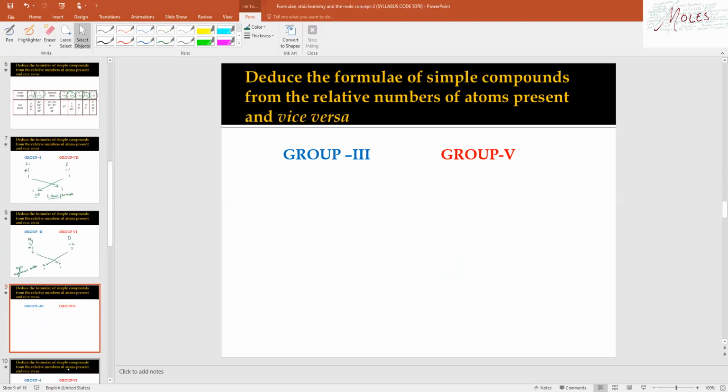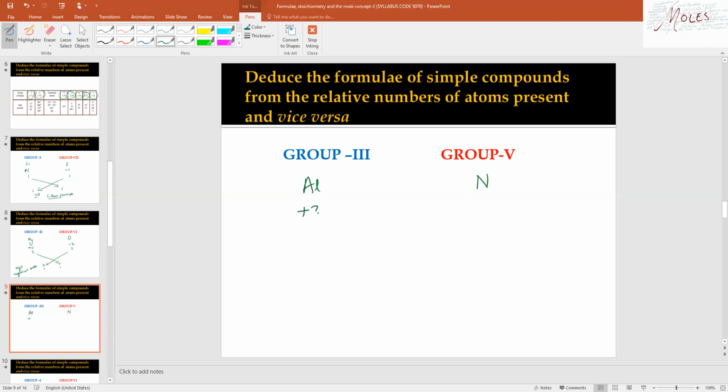What if we have a metal from group 3 like aluminium and a non-metal from group 5 like nitrogen? Again, the subscripts will be swapped and simplified.